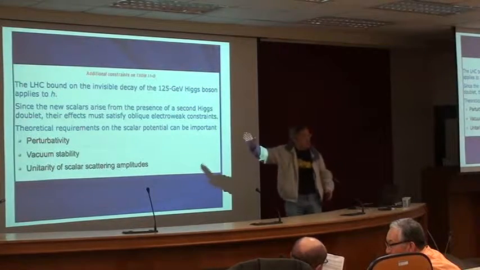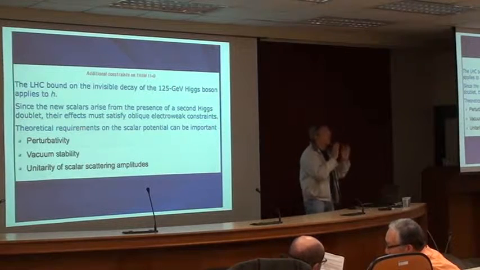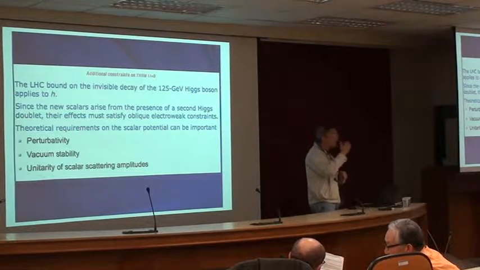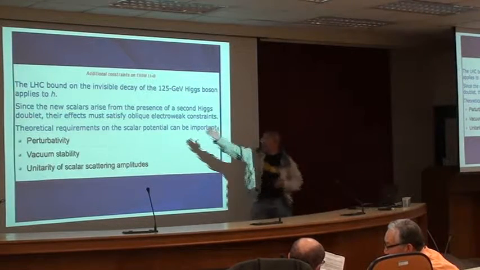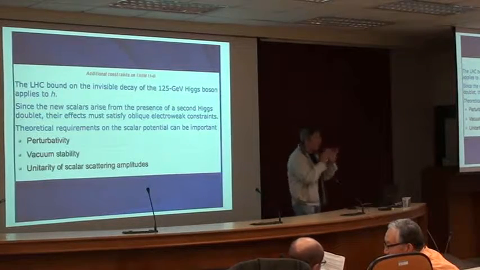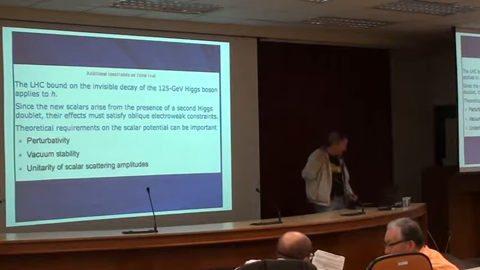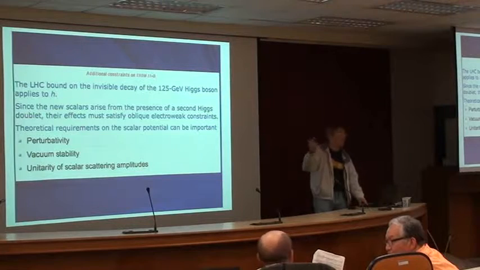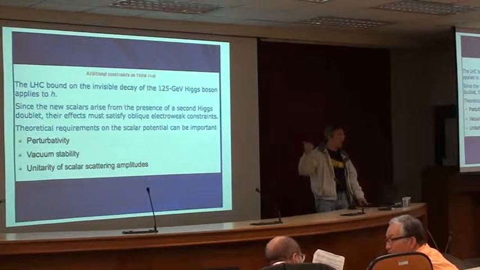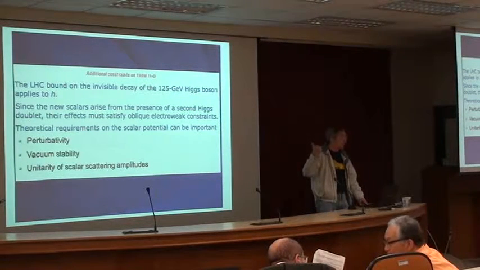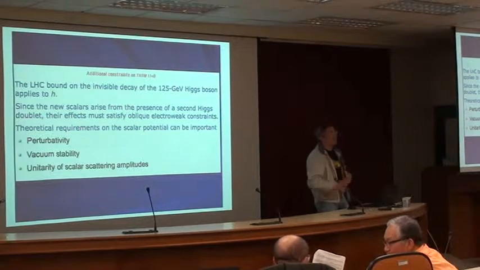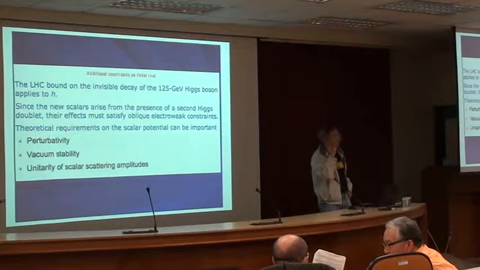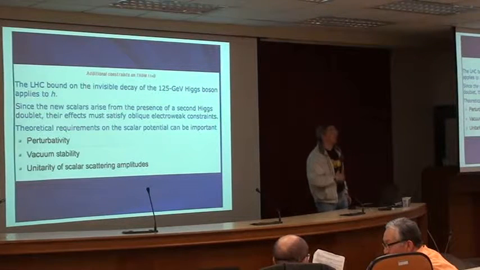If I satisfy all these conditions, there is still parameter space for baryogenesis. There are several conditions. One of them is a first order phase transition. So with these constraints, you still have parameter space allowed. But CP violation in this case is a problem. In this particular type 2 model, we don't have additional CP violation sources, so I cannot do that. But I can get a first order phase transition.